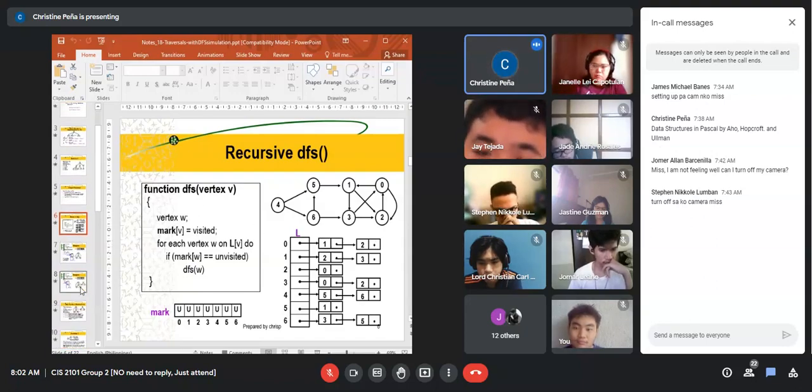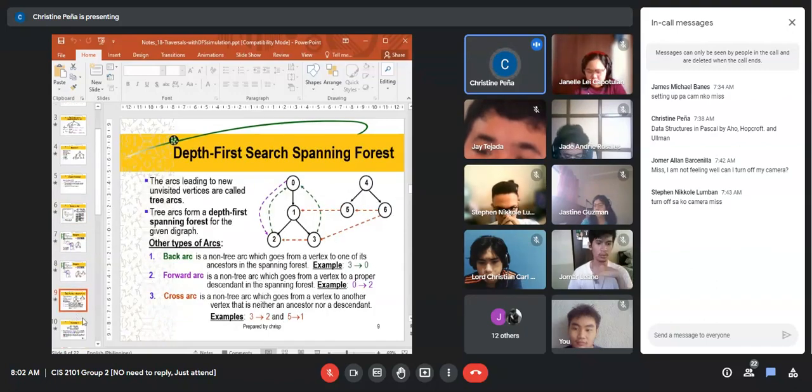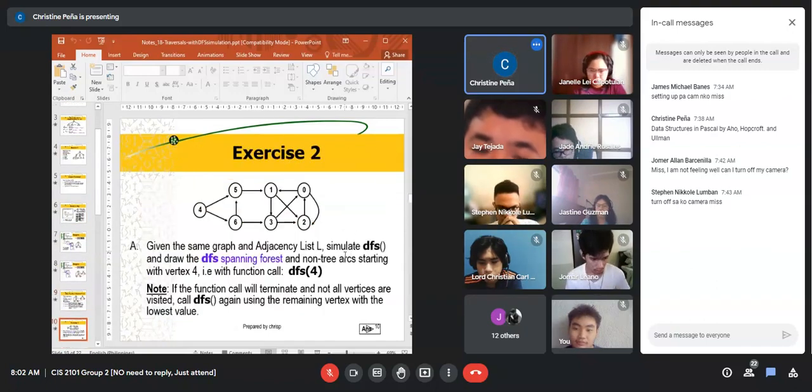Okay, back to the exercise. You have this one. Given the same graph and adjacency list, the adjacent vertices are still arranged in ascending order.